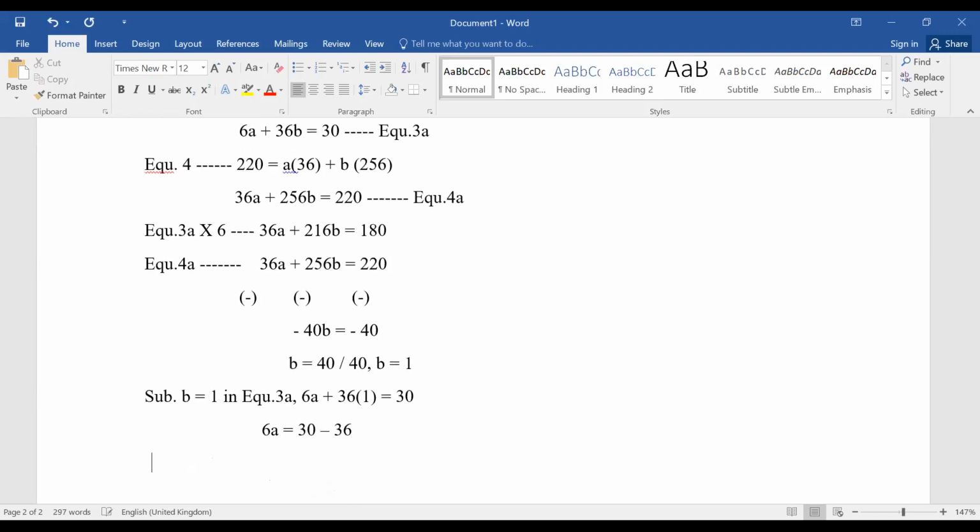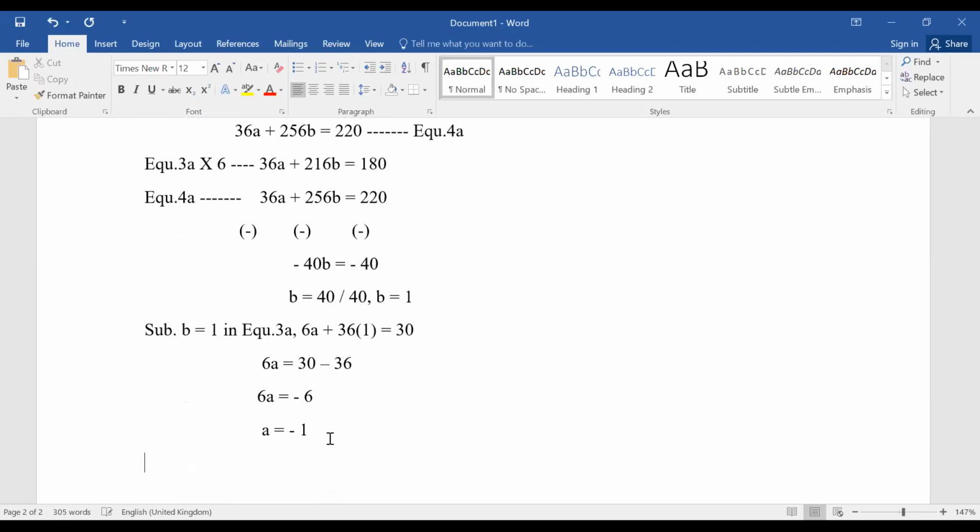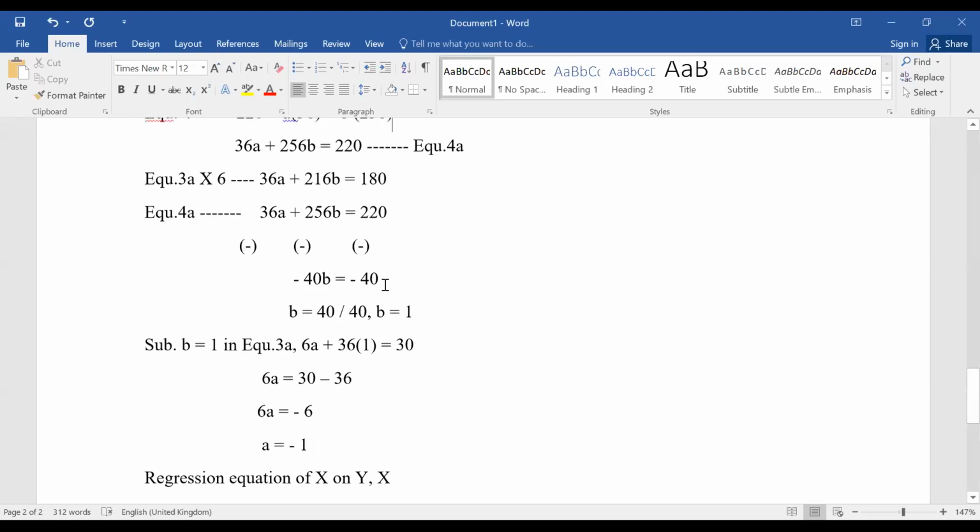Therefore 6a equal to minus 6. Therefore a equal to minus 1. Okay, now the regression equation of x on y will be what? X is a formula, right? I'll copy the formula better.